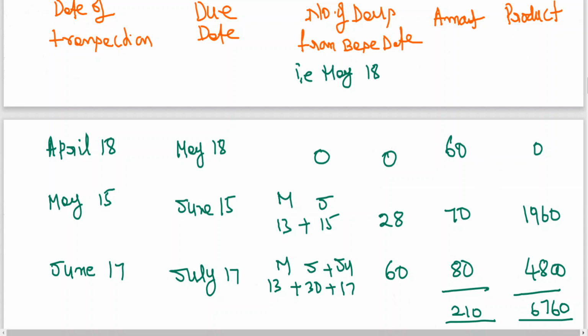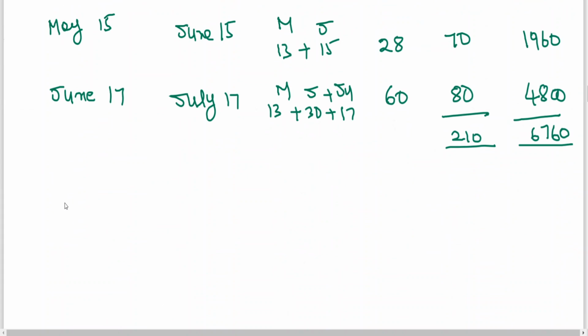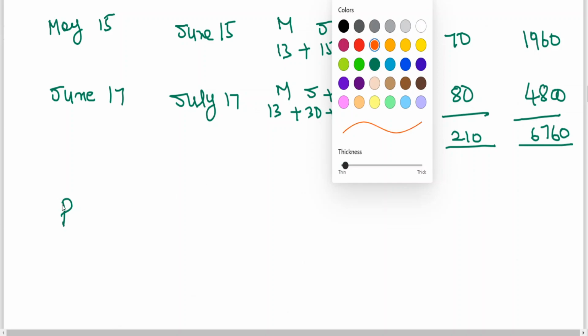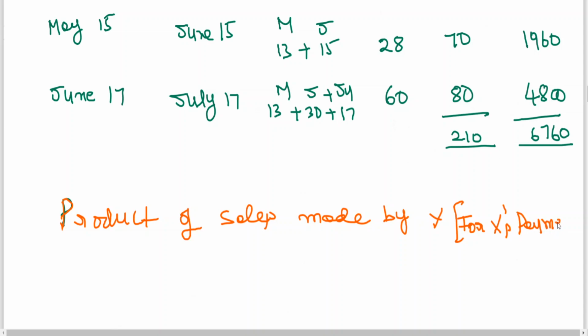Now, as I told you, product of sales made by Y is nothing but, Y is selling, who has to make payment? X. For X's payments.